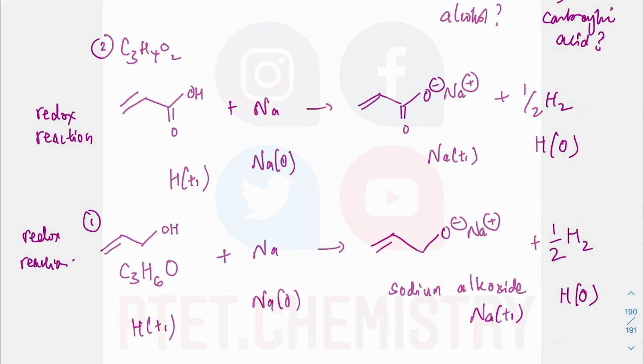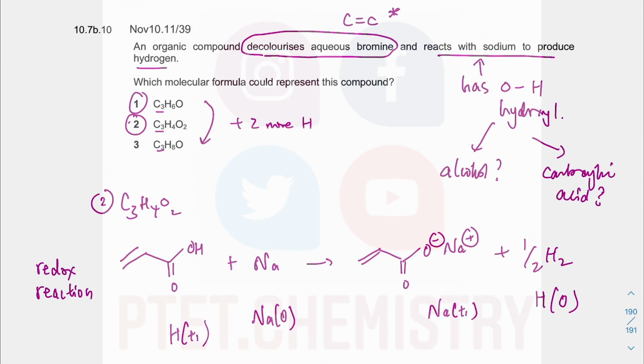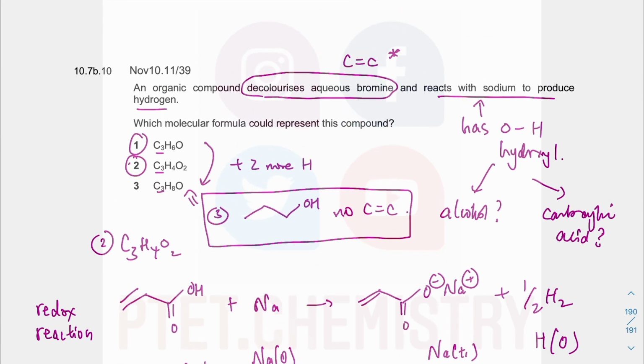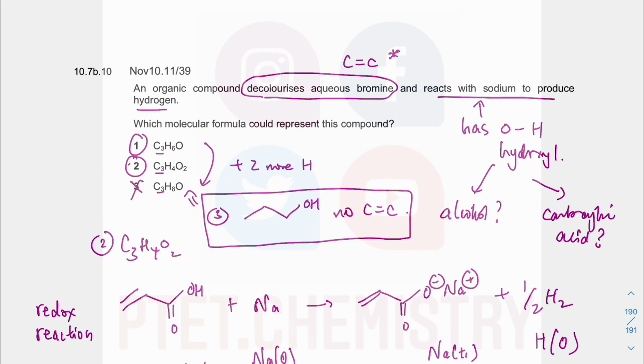Where can you get 2 more hydrogen? When you add across the double bond. So that means C3H8O is going to be that with no carbon-carbon double bond. And if there is no carbon-carbon double bond, in order for you to get the added hydrogen, that means it won't decolorize aqueous bromine because you don't have unsaturation. So only 1 and 2 are correct, and that is option B.